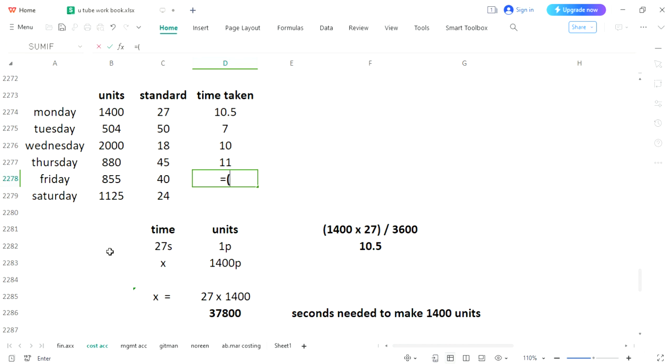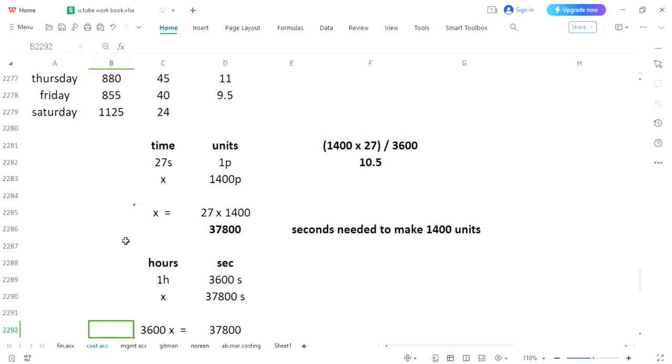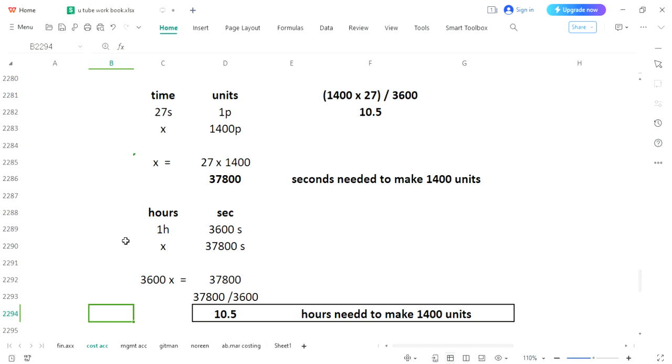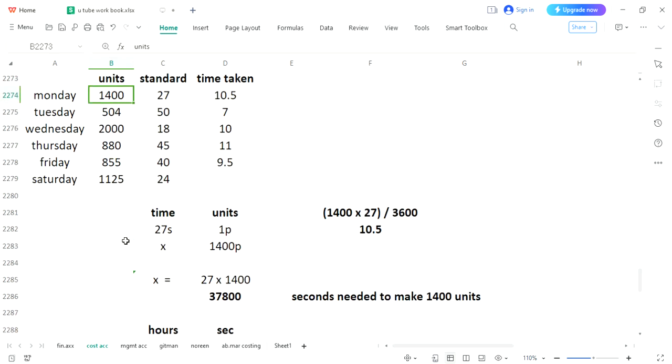So we are now on Friday, 8:55. It would be multiplied by 40, bracket close, divided by 3600. So same procedure we are doing, multiplying both and dividing by 3600. And if you want to know why we are doing this, just follow this for first step, and then second step, there you will come to know what we are doing over here.